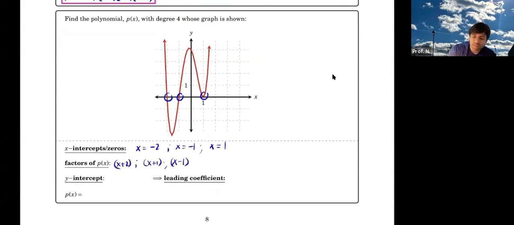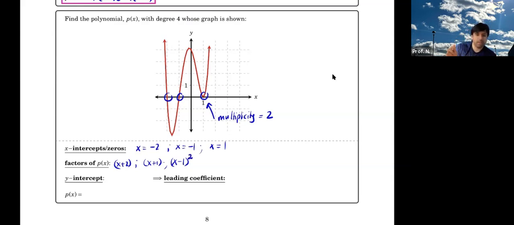The difference still, guys, is that this here, you see how it doesn't go through like the other x-intercepts? So this has a multiplicity of what? An even multiplicity. In this case, it's going to be a multiplicity of 2. So there should be a 2 for the factor for x equals 1.